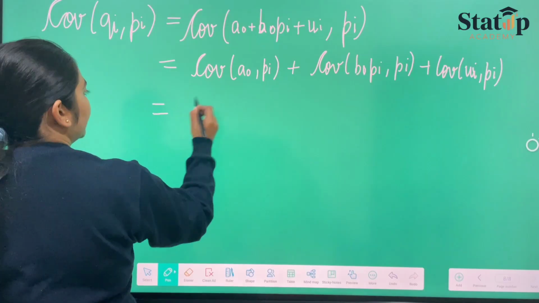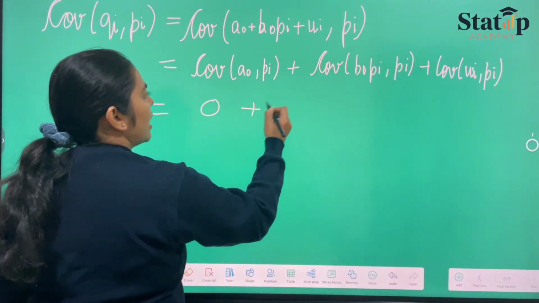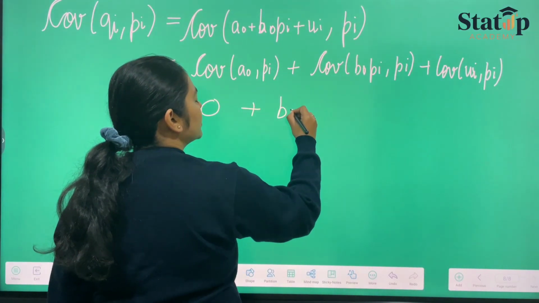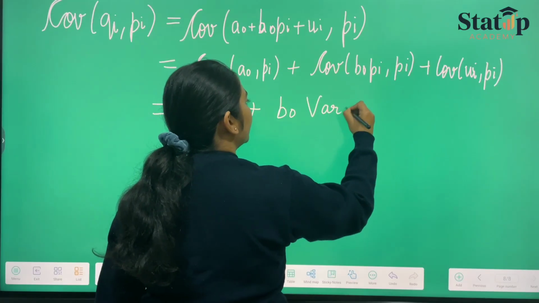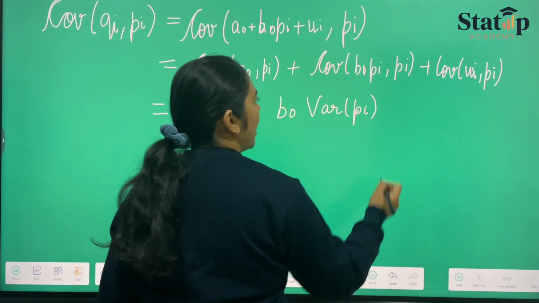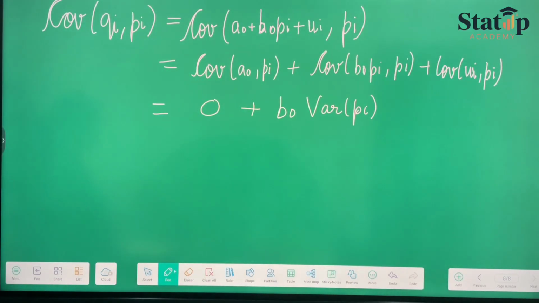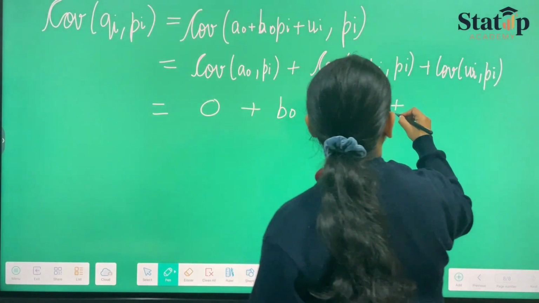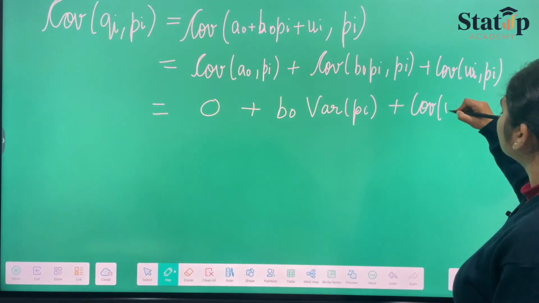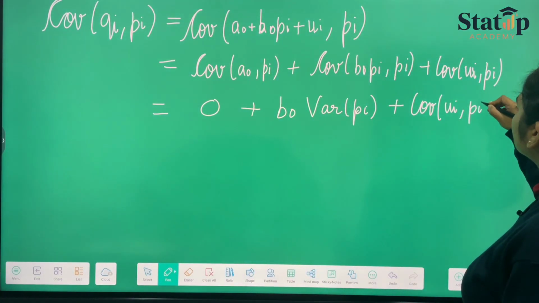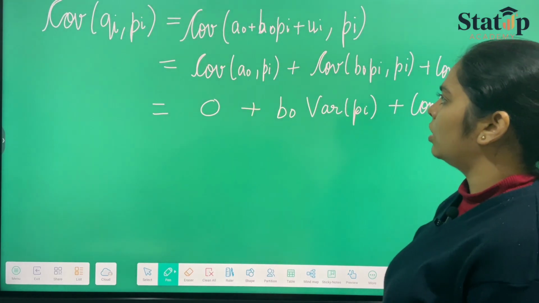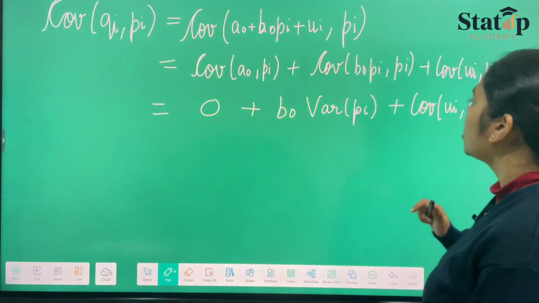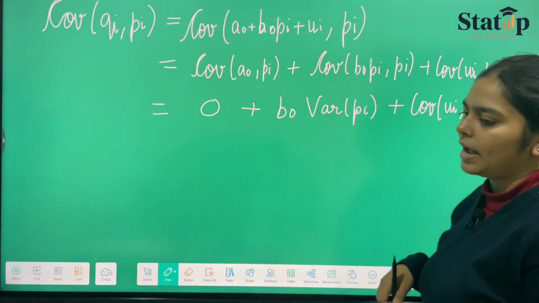So covariance between A0 and Pi would be 0, and if we take B0 outside, this will become variance of Pi, plus covariance of Ui and Pi.